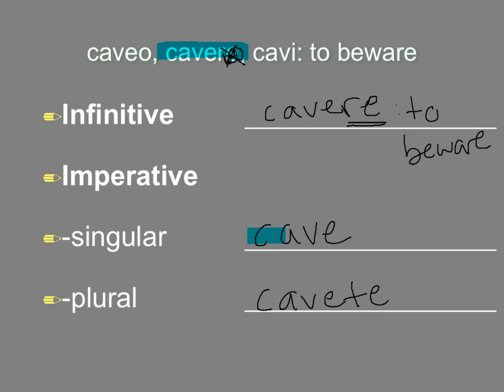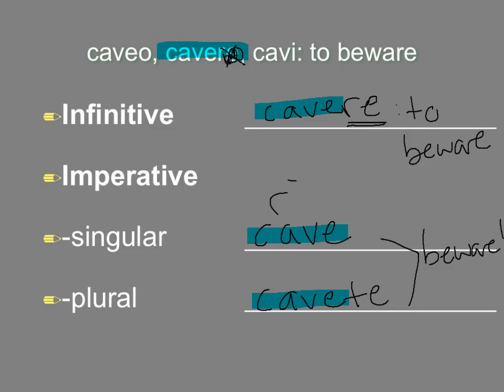So both the cave and cavete are coming from the infinitive without the RE. How this would translate is both mean beware, with a big old exclamation point on the end.